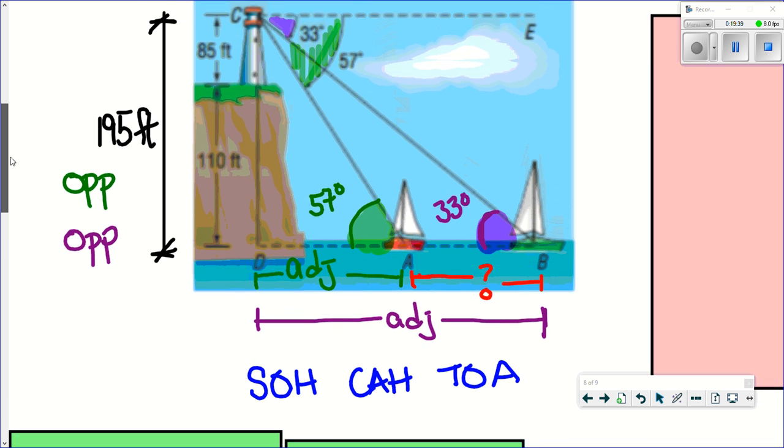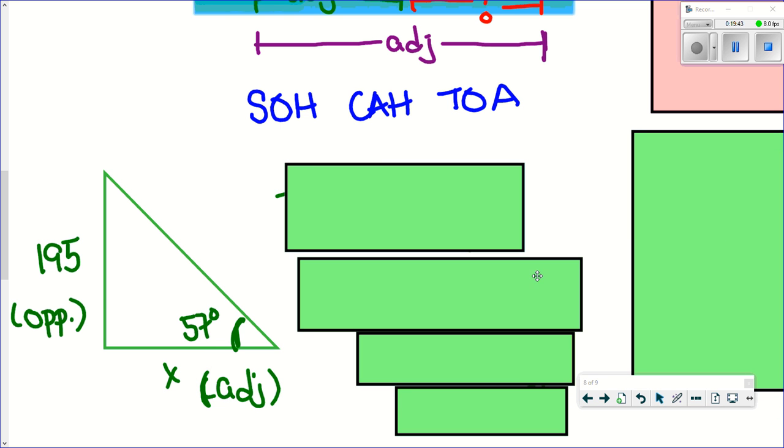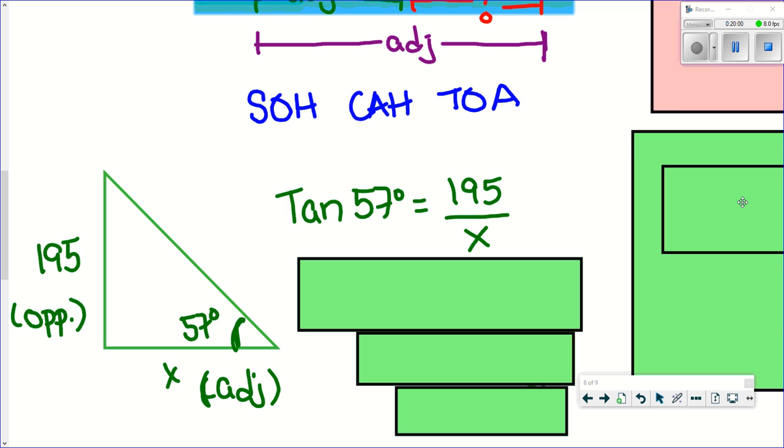So for the green one, I create the triangle. I have 195 is the height from the lighthouse to the bottom of that cliff, and then the angle 57, and we're looking for that adjacent side. So we know it's opposite over adjacent, which is going to be TOA.